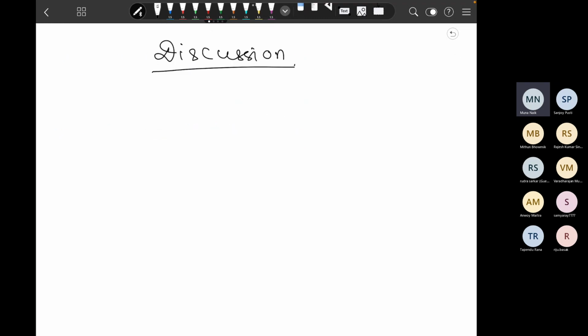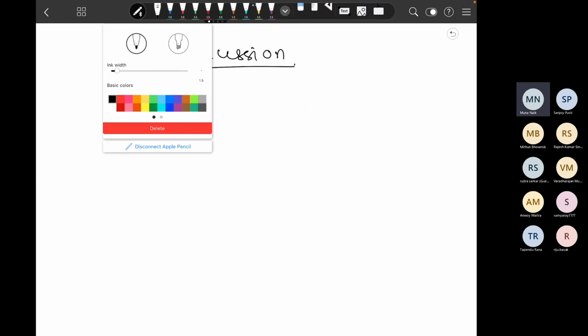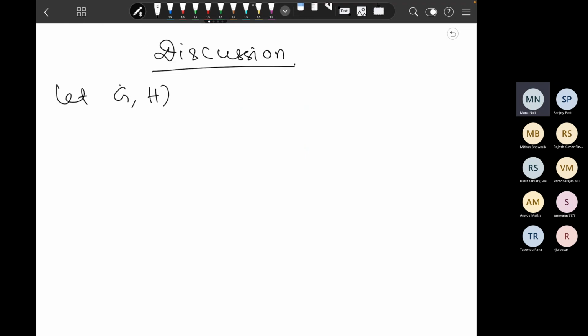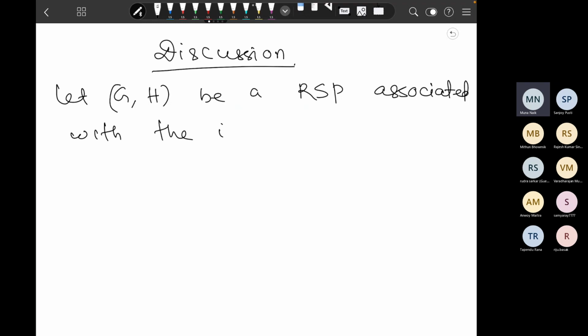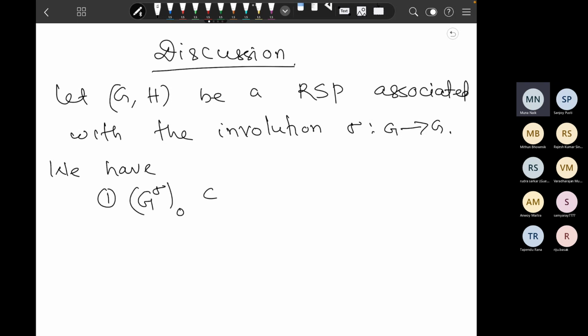Let (G, H) be a Riemannian symmetric pair associated with an involution σ from G to G. If this is a Riemannian symmetric pair, there are two conditions: G_σ^0 is a subset of H, which is a subset of G_σ, and Ad_G(H) is compact.